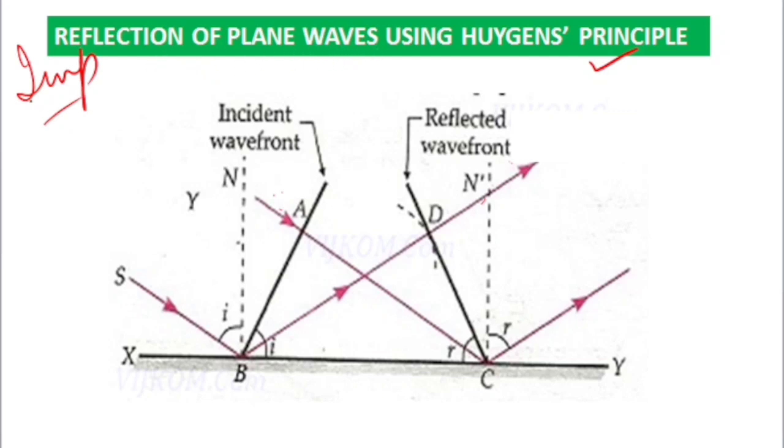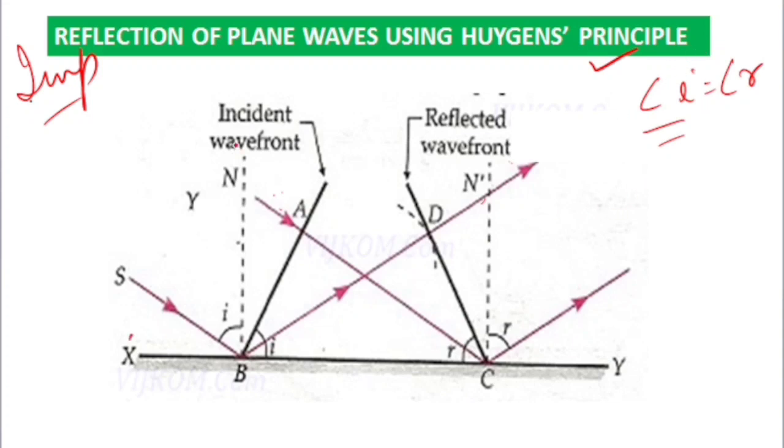You know there are two laws of reflection. One is that the incident ray, reflected ray and normal all lie in the same plane at the point of incidence, and the angle of incidence is equal to the angle of reflection. So you have to prove these laws in terms of wavefront, incident wavefront and reflected wavefront.